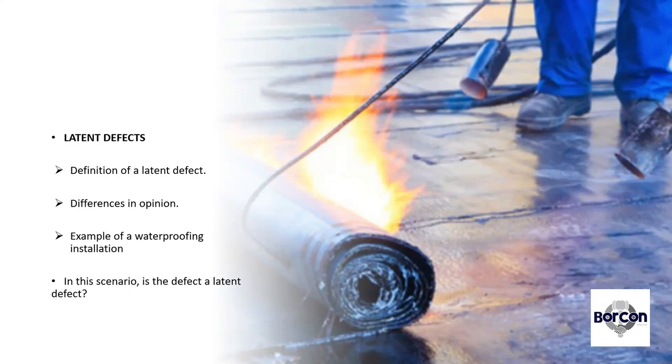So if you take an example of a waterproofing installation, maybe you had to do some torch-on waterproofing and you didn't do it properly. There's holes in it that you can't see, or the laps haven't been done properly, or some work hasn't been executed. But on a reasonable inspection of it, it looks perfect. But the defect exists. A year later, that defect manifests itself.